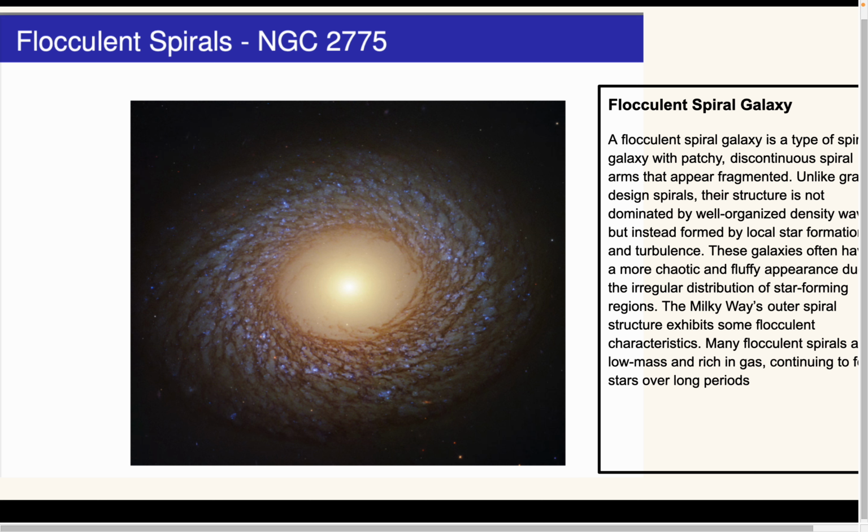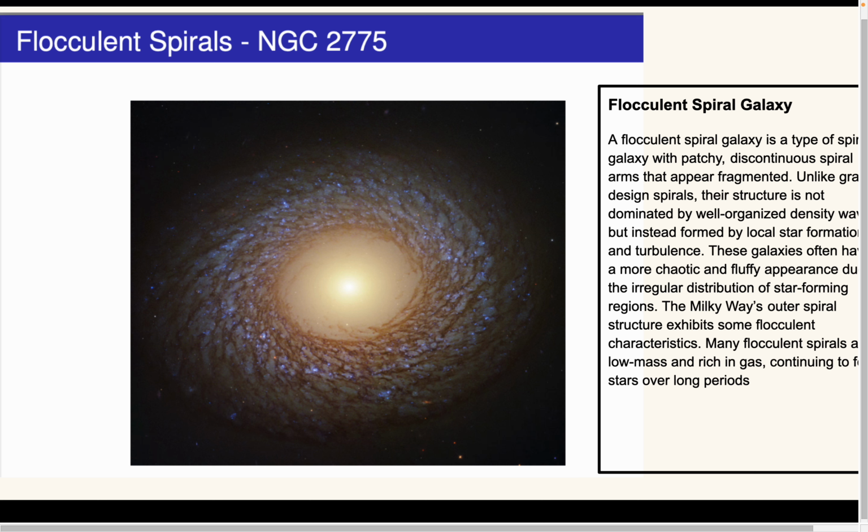Another is the flocculent spiral. One such example of a flocculent spiral is NGC 2775. The flocculent spiral galaxy is a type of spiral galaxy with patchy and discontinuous spiral arms that appear to be fragmented.